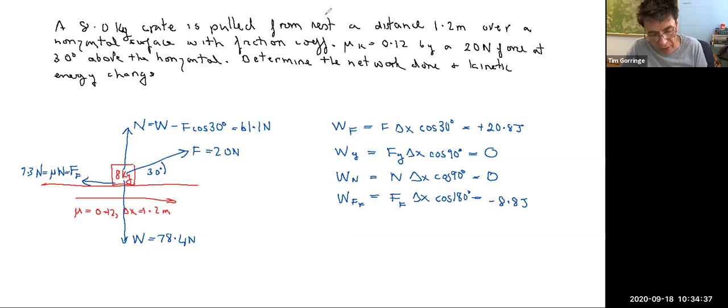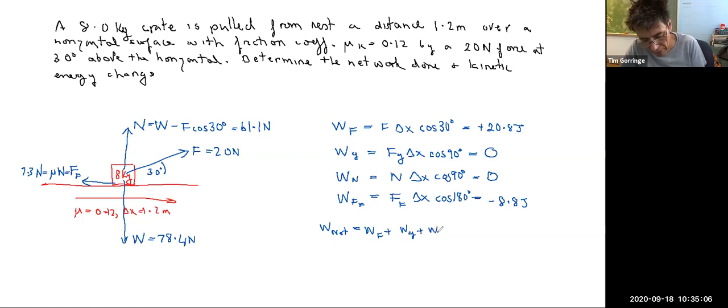So now we can figure out the net work that's done. And the net work that's done is simply the sum of the work that's done by each of the individual forces that were acting. So in our case, it's the force that was applied to the crate, its work done. It's the work done by the gravitational force, although we know that's zero now.